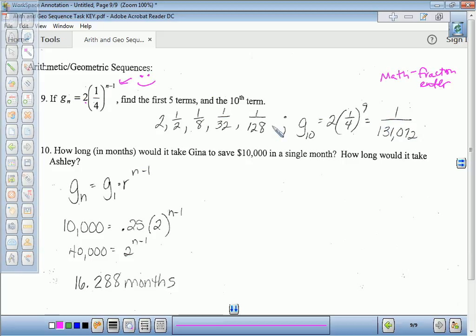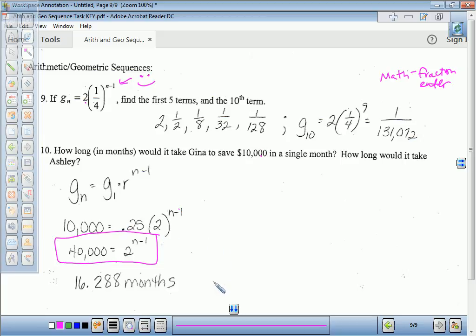All right, now this one. How long would it take Gina to save $10,000 in a single month? Okay, so we say 10,000 equals the first one times the common ratio to the n minus 1. So we would divide by 0.25. And then how can we solve a problem such as this?